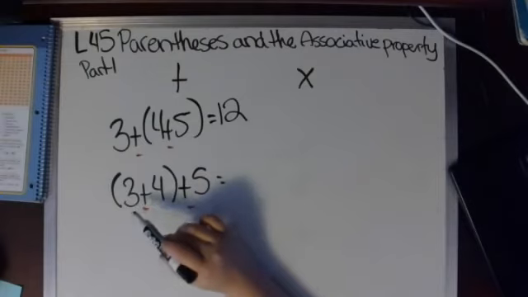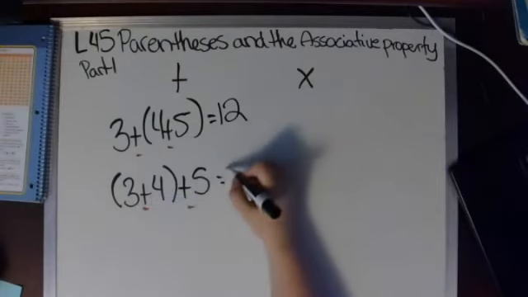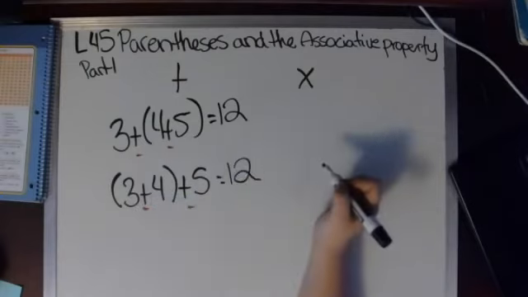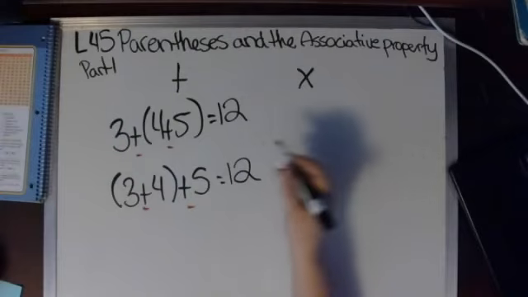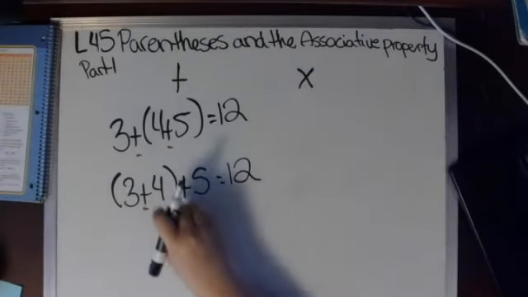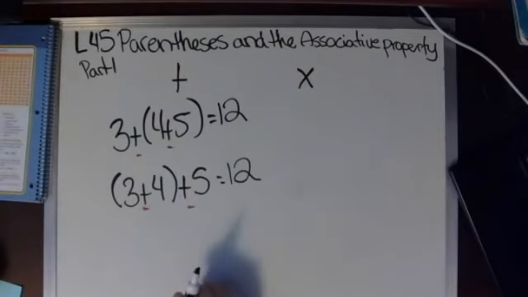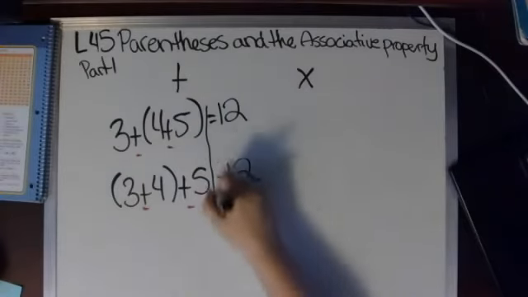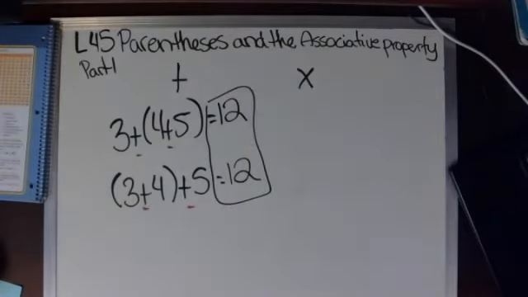So 4, 5, 6, 7. 7 plus 5 is 12. So because it was all addition and all the same digits, I will get the same answers even though the parentheses are different. And again, this did not work for the subtraction we did earlier. So this will only work with addition and multiplication. It will not work with division or subtraction.